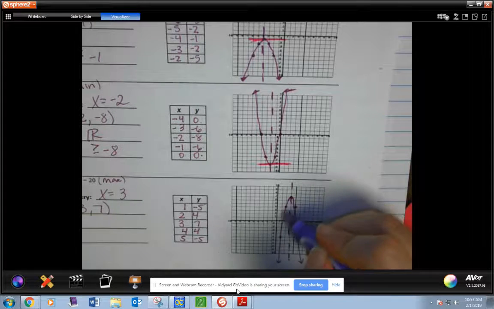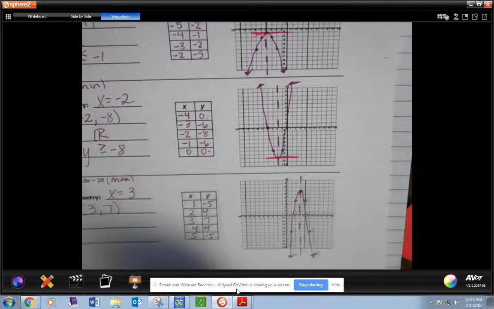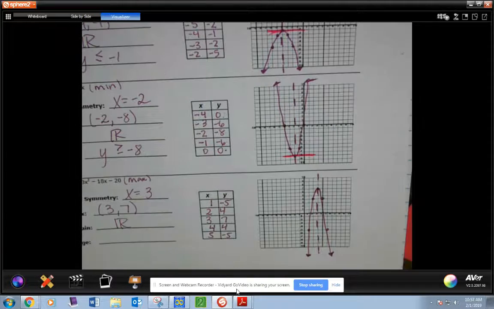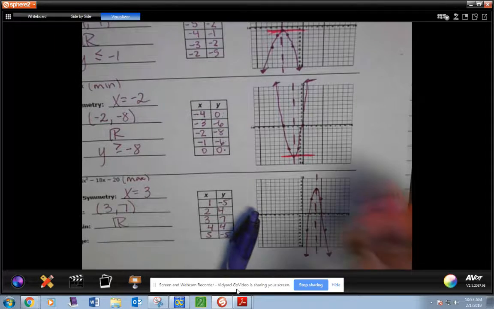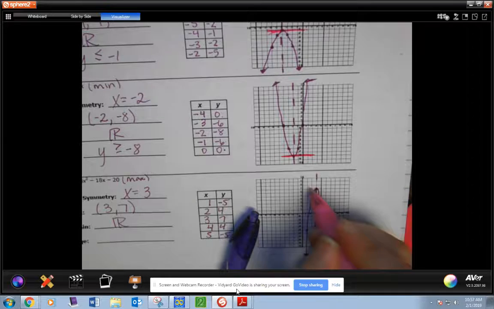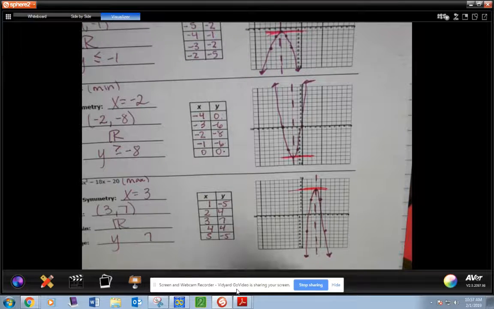And now as I scan to the left, it goes forever. As I scan to the right, it goes forever. So my domain is all real numbers. As I scan down, it goes forever. And as I scan up, it stops right here, which is crossing at y on 7. Since the graph goes below the 7 line, this would be less than or equal to.